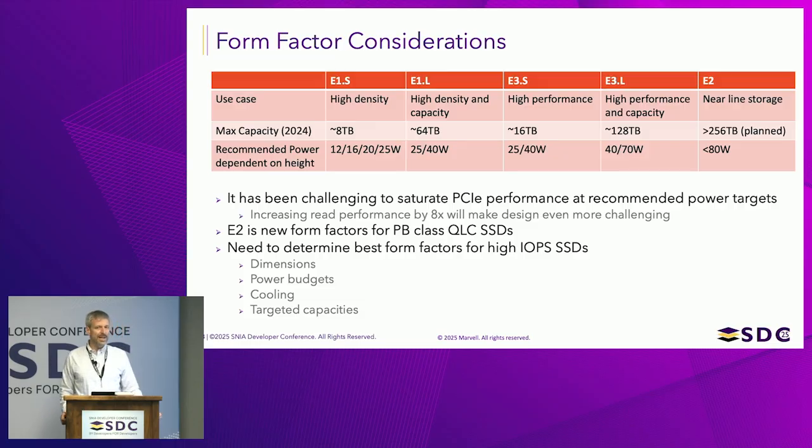However, when we talk about high IOPS SSDs, the performance goes up by a factor of 8. So the question is really, what power targets can we design for? Then what cooling should be used? People have now started to talk about liquid cooling for SSDs. We need to talk also about what should be the dimensions for those high IOPS SSDs. Where would they sit? And also, what are the targeted capacities?